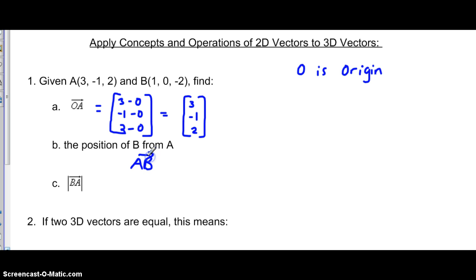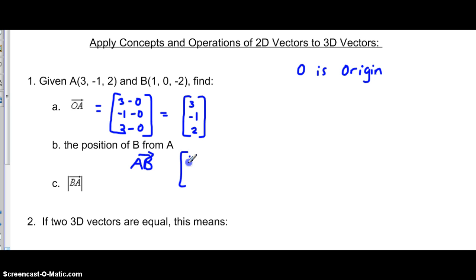Anytime you see that, position vector of B relative to A is another way they write it, or from A. They're talking about A as the emanating point going to B. So now we take our B values and subtract our A values to find that vector.